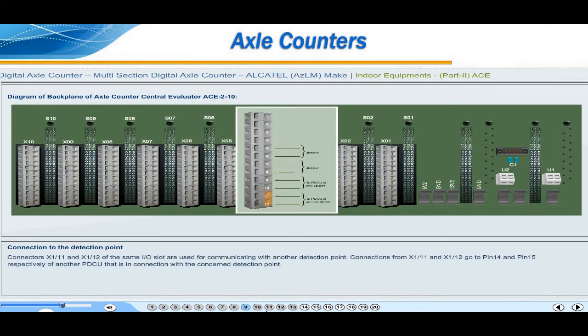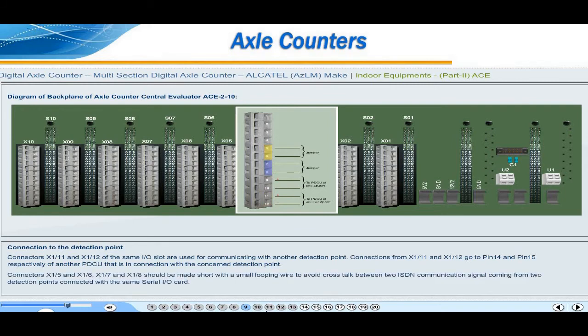Connectors X1/11 and X1/12 of the same input-output slot are used for communicating with another detection point. Connections from X1/11 and X1/12 go to pin 14 and pin 15 respectively of another PDCU, that is in connection with the concerned detection point.